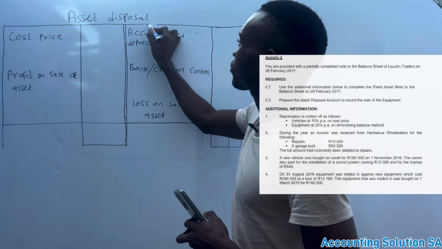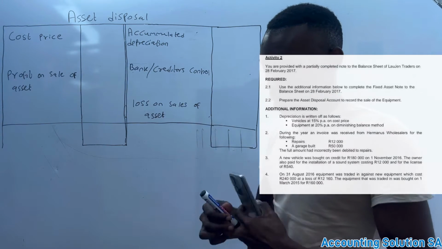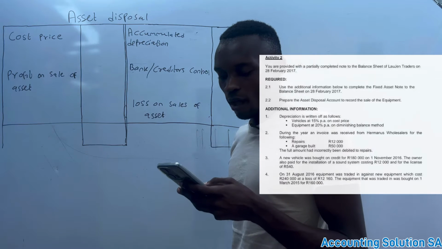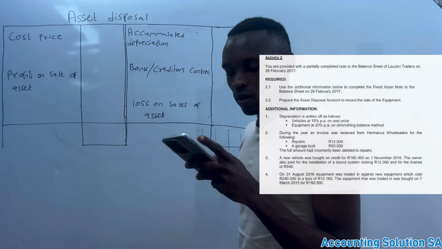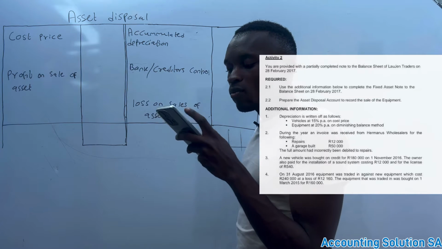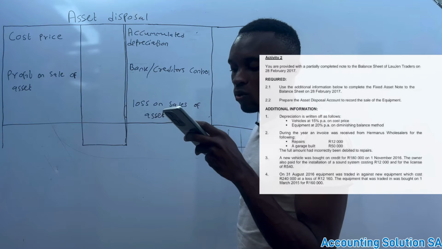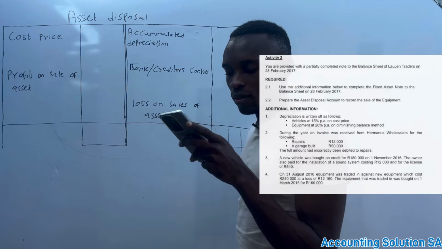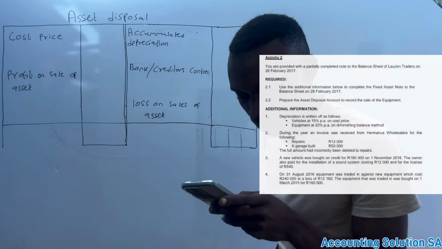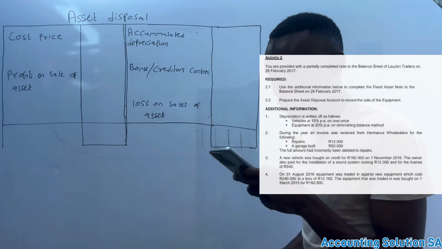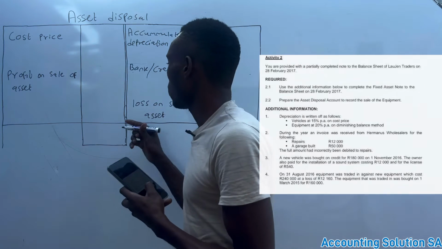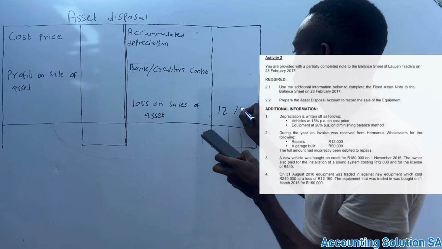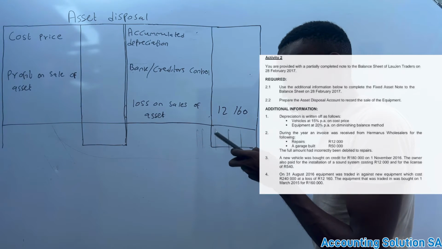Now let's analyze. Let's try to identify the amounts that are available. They said equipment was traded in against new equipment, which cost 240,000, and at a loss of 12,160. A loss is given, 12,160.